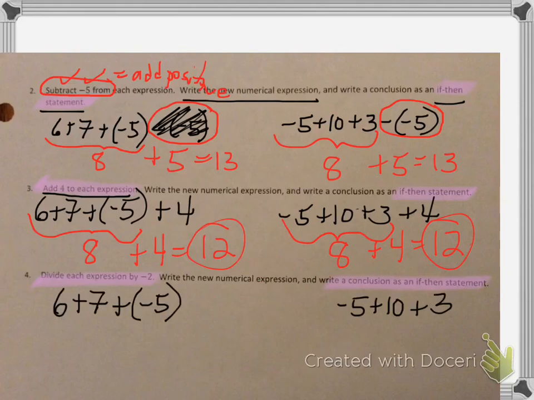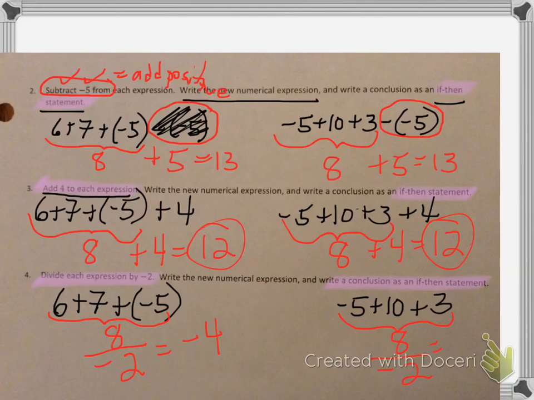Okay, again, so I'm starting with both expression 1 and expression 2 again. And just like before, we know that expression 1 equaled 8, expression 2 equaled 8. Now if I'm going to divide 8 by -2 on that side and 8 by -2 on this side, I know that 8 divided by -2 is going to be -4, because a positive divided by a negative is always going to be a negative.